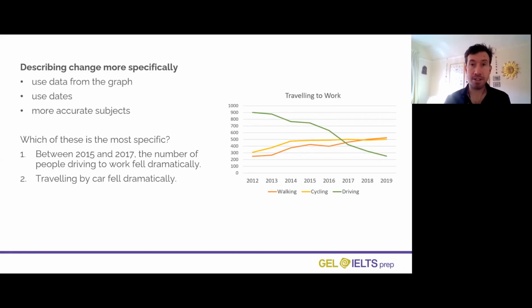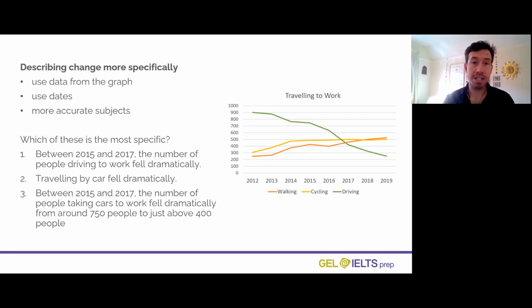Traveling by car fell dramatically. Between 2015 and 2017, the number of people taking cars to work fell dramatically from around 750 people to just above 400 people. So I'll give you a moment to try to answer that.